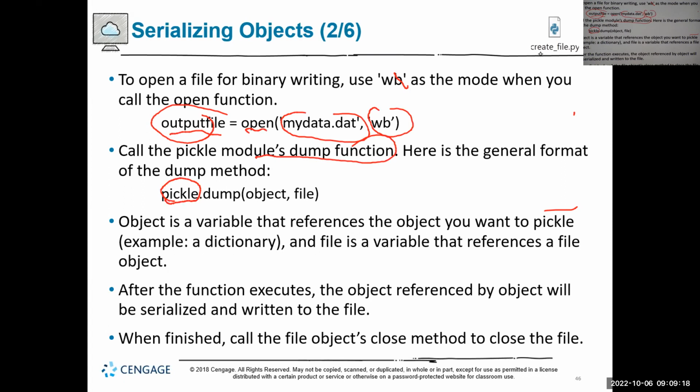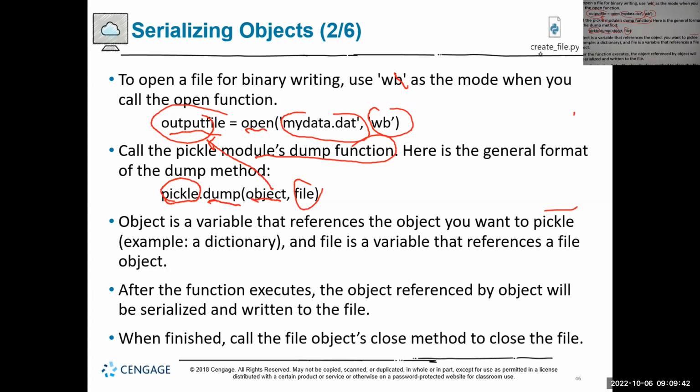You import it and you use the function dump here, and you have the object, which is linked to the one you already declared. And you have the file. The object is the variable that references the object you want to pickle, for example the dictionary, and the file is the variable for the file object.